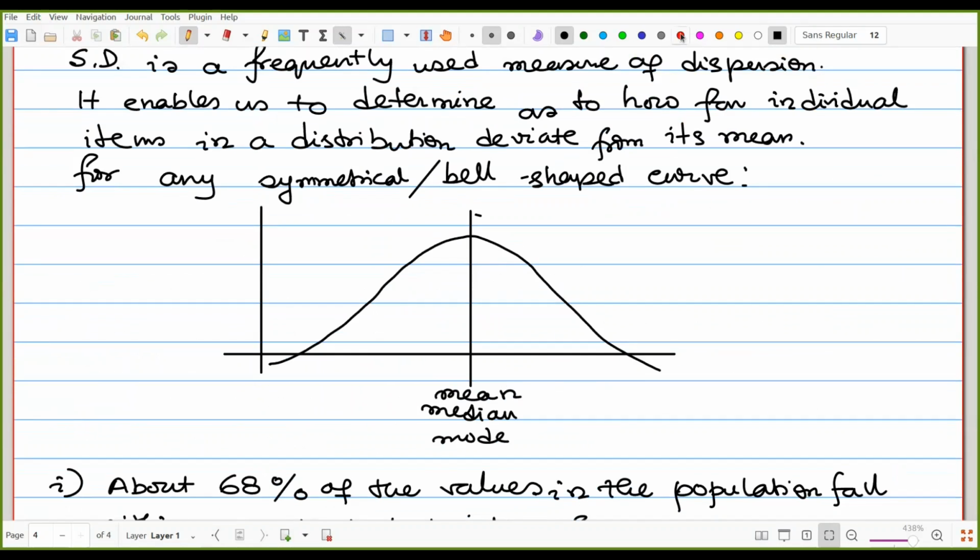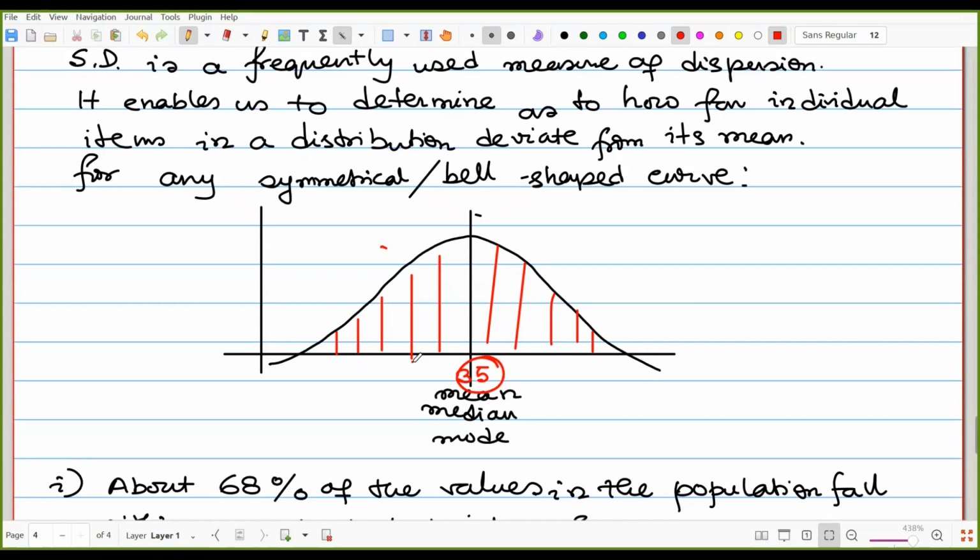Suppose we have found the mean for any particular distribution which has that symmetrical or bell-shaped curve. Already we know the bar diagram. Maybe you all know about the bar diagram, and in that particular bar diagram or any type of diagram, we have found that bell-shaped or symmetrical curve. Now here we have found the mean as 35.